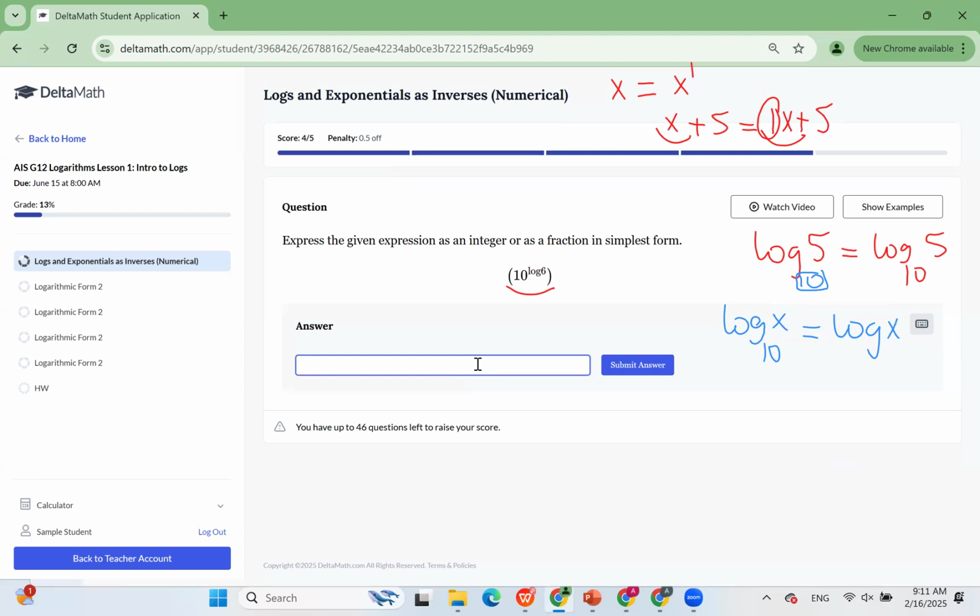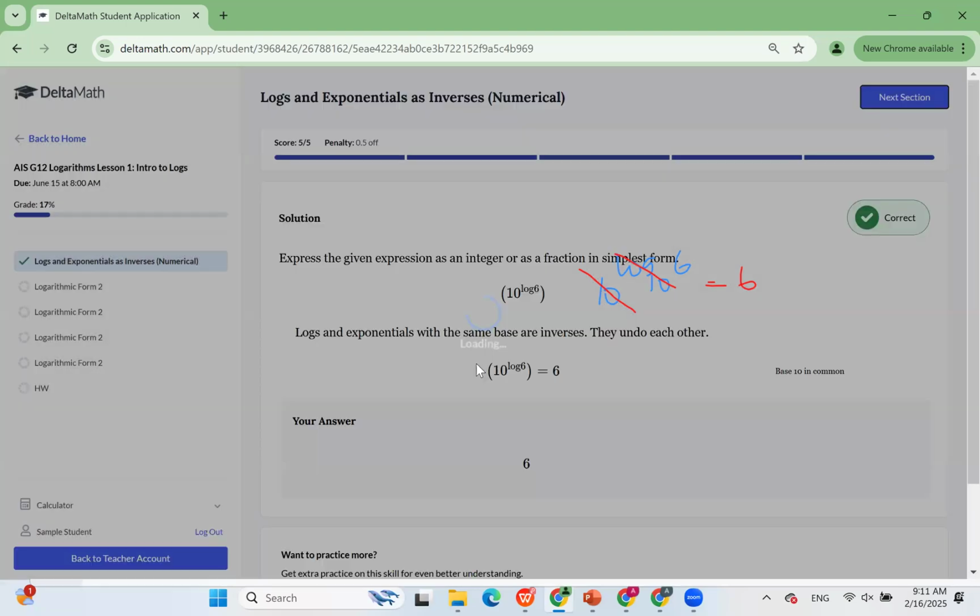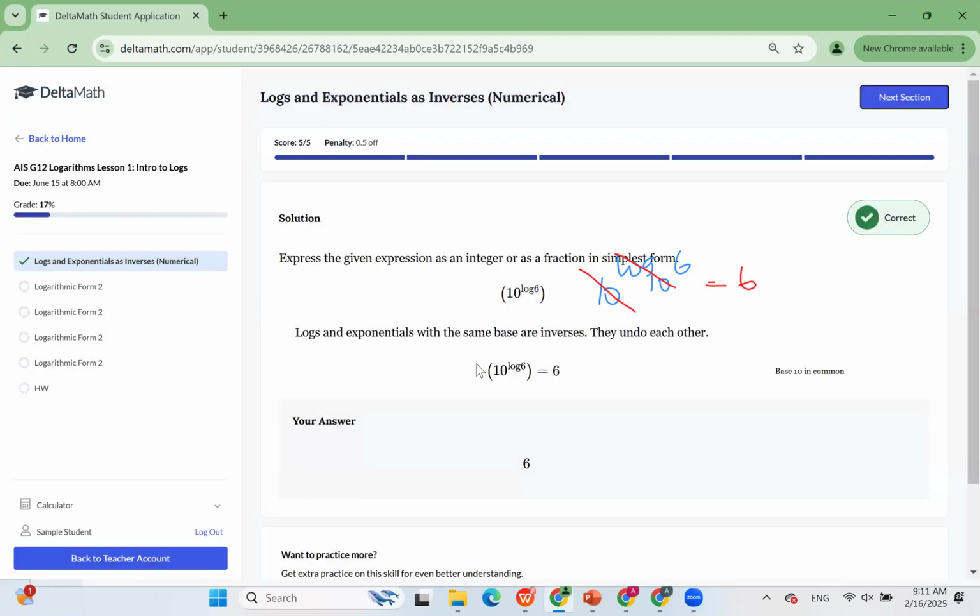So when we get a log without a base, we're allowed to add a base of 10. So 10 power log base 10 of 6. This becomes like any other problem where we can just cancel these out and we get 6 as a final answer.